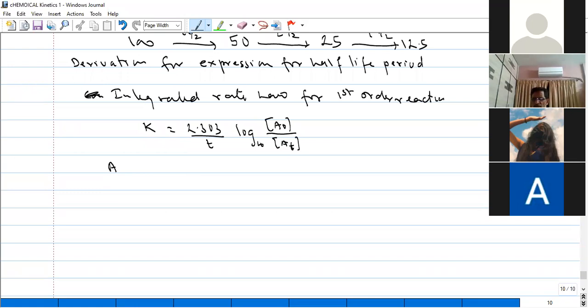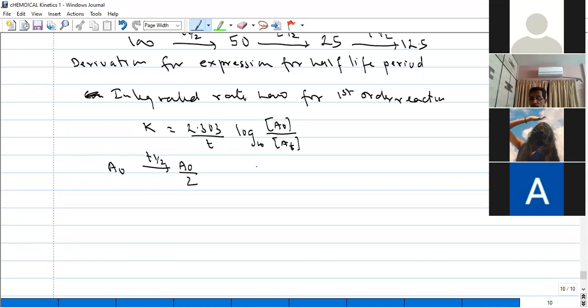To convert A0 to A0 by 2, the time required is called T-half.